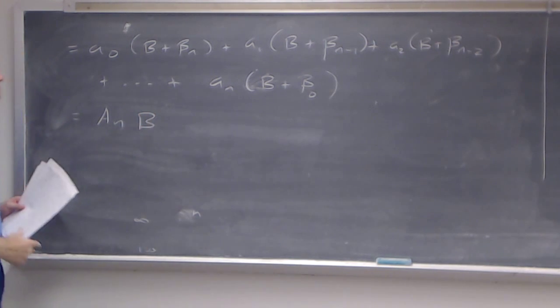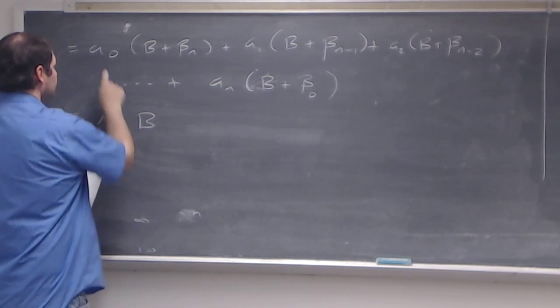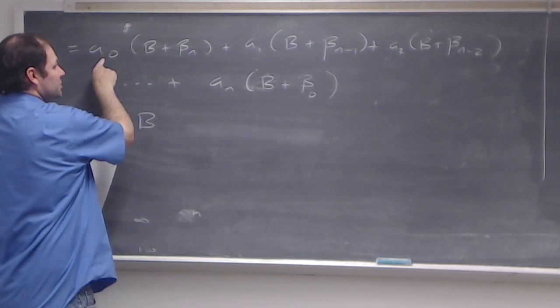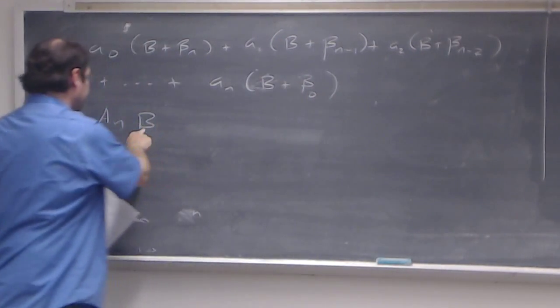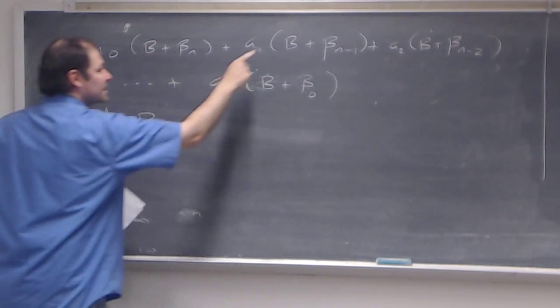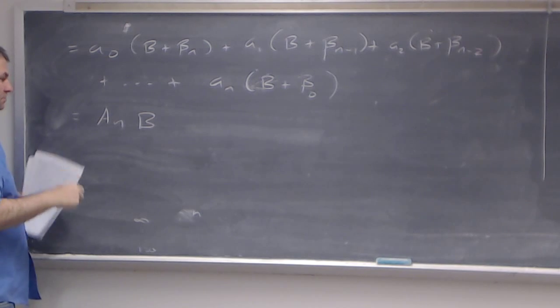Okay, this can be rewritten as a sub n times b. So b's in every one of them: b's in this one times a sub 0, b's in this one times a sub 1, b's in this one times a sub 2. You take out the b, and then a sub 0 plus a sub 1 plus a sub 2, all the way up to little a sub n, that's big A sub n. Okay?